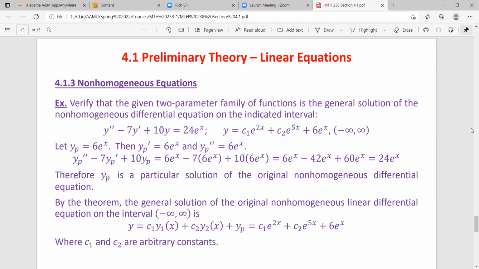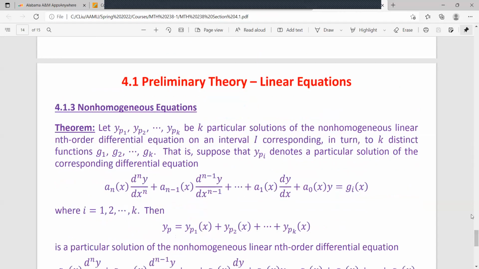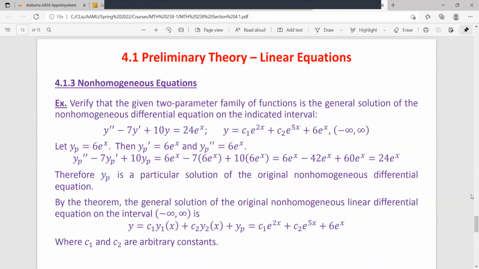And we also need to verify that 6e to the x is a particular solution to the non-homogeneous equation. And the first part is pretty straightforward. I think we did similar problems before, maybe the exact problem in one example before.